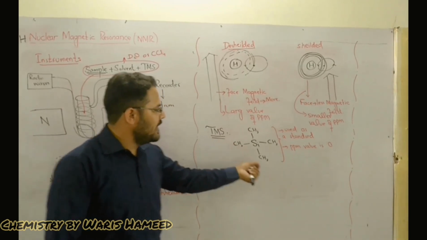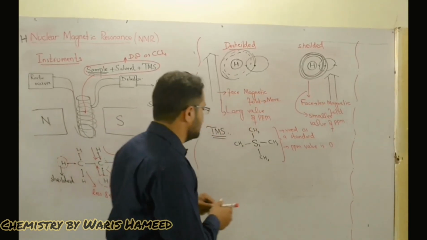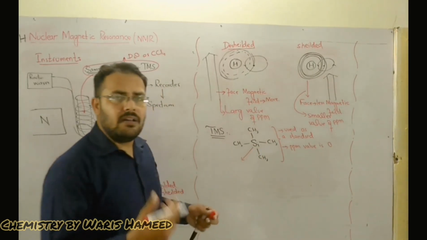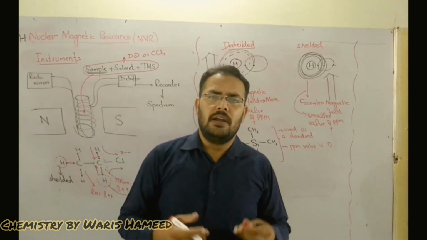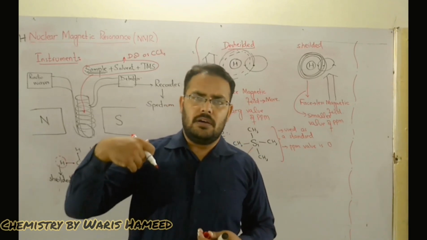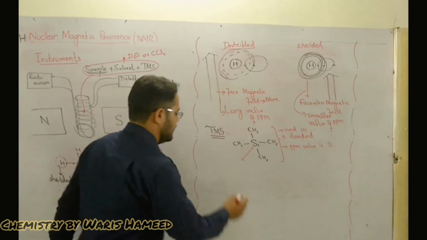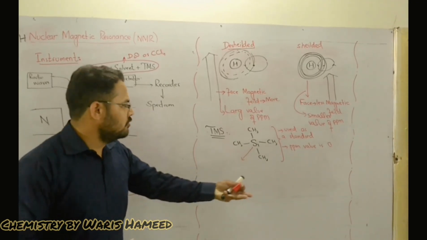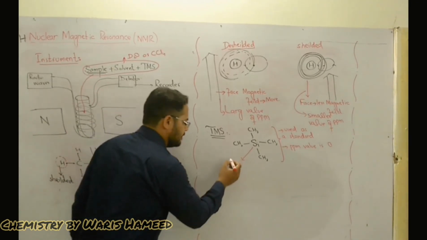Why is its ppm value 0? In this case, silicon is not too much electronegative and not too much electropositive. So it will not attract the electrons and it will not push the electrons toward the carbon atom.